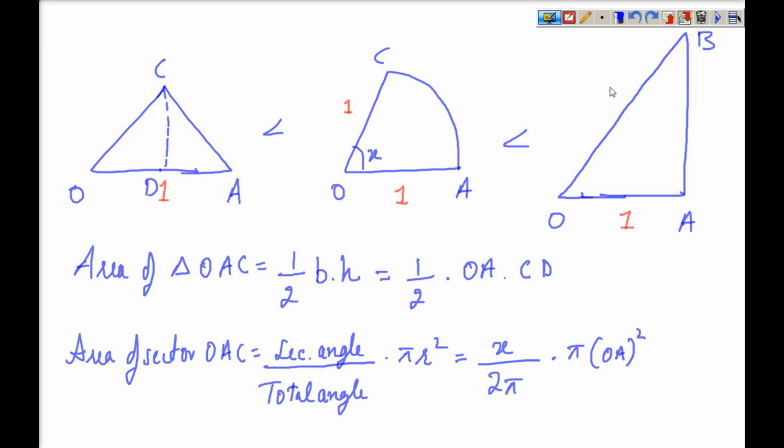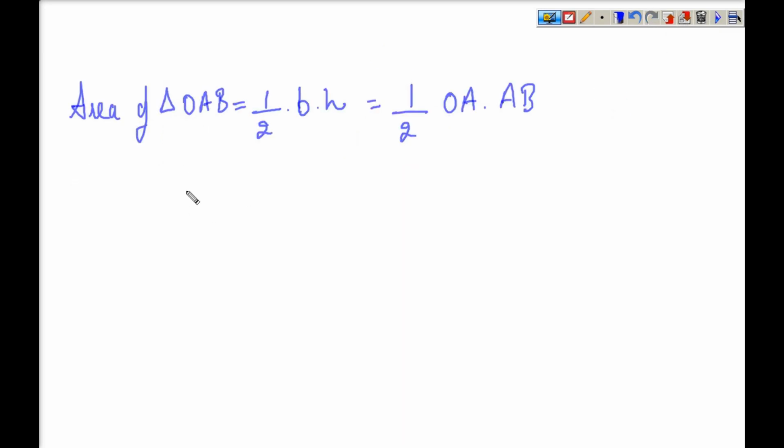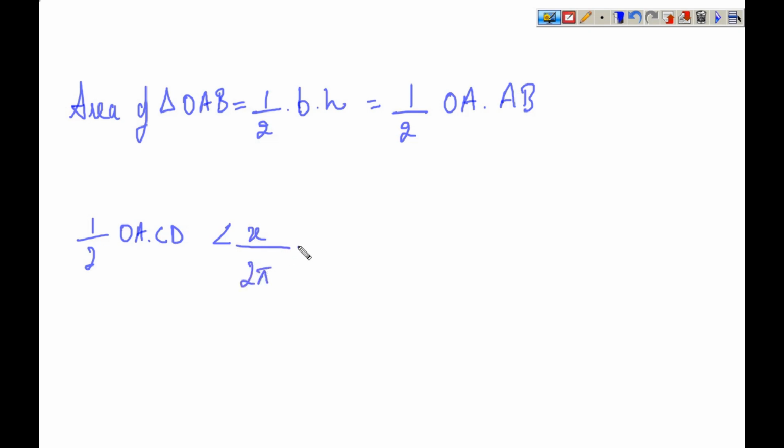So we can rewrite this as half of OA into CD is less than x by 2 pi times pi into OA square is less than half of OA times AB, right?